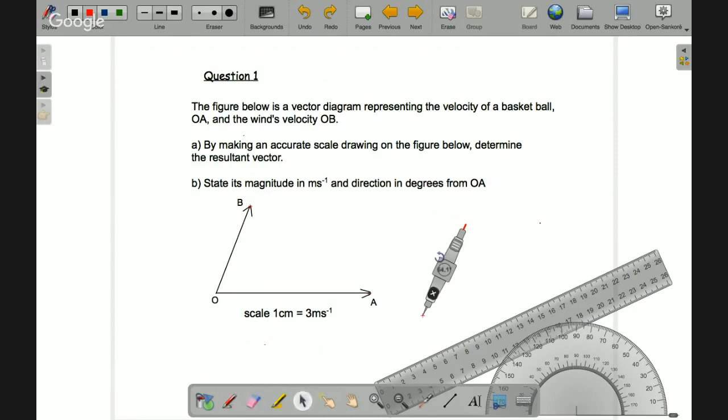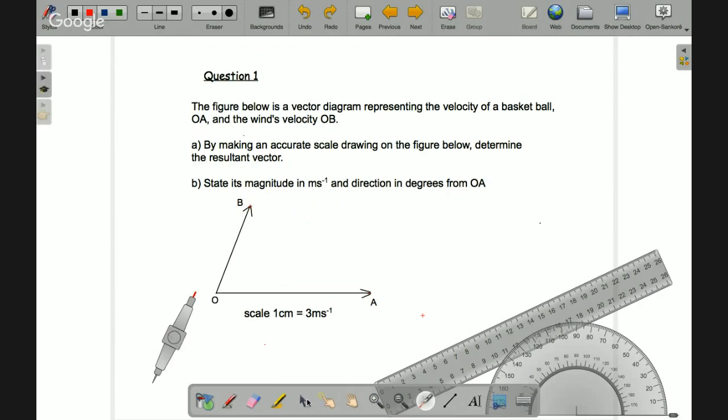Okay, so how are we going to do it? What we need to do basically is complete a parallelogram. That is what we're going to use the compass to do. So to complete the parallelogram, we need to duplicate this OA vector onto the tip of the OB vector.